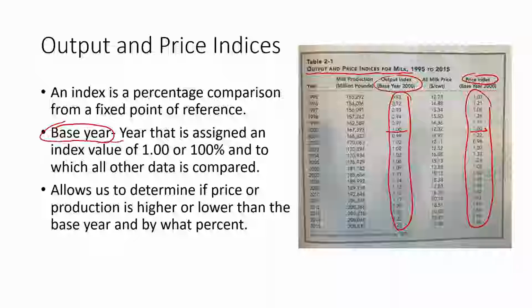As we can see in the definition here, a base year is assigned an index value of 1.00 or 100%, and it is the year to which all of the other years' production and price are compared.